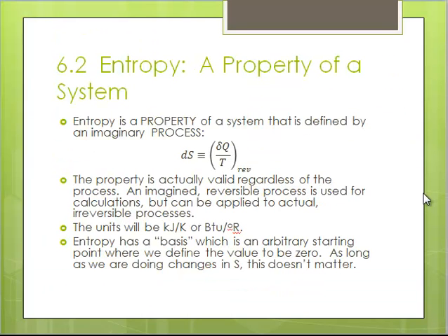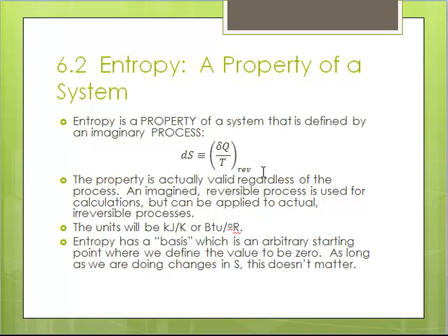So next we want to define entropy. Entropy is sort of an odd little critter. It's a property of a system, but it's defined in terms of an imaginary process, not even a real process. I think that's what disturbs people about it. We define it based on how much heat transfer at a particular temperature there would be if it were done reversibly, and this will give me a change in entropy.